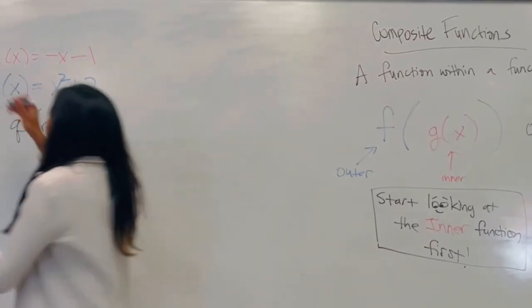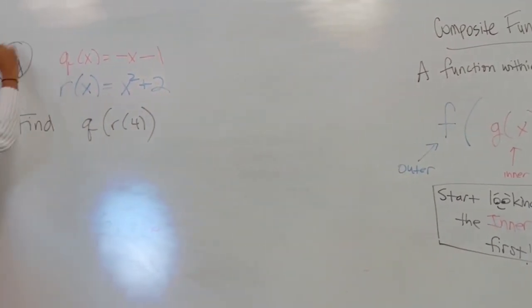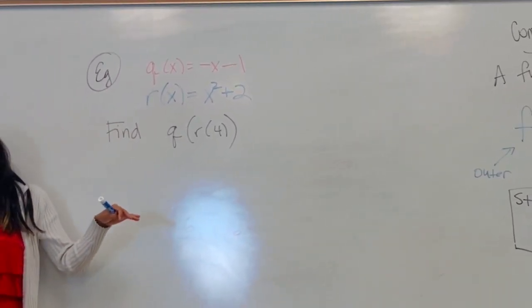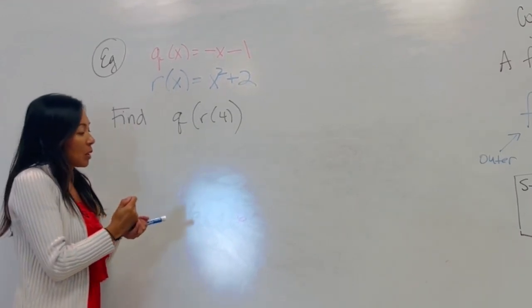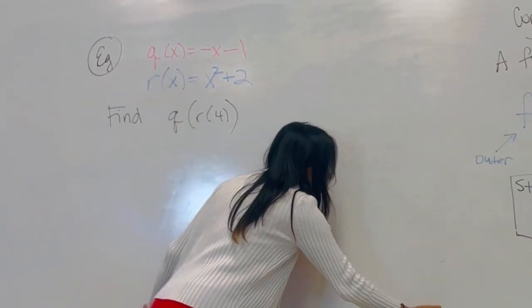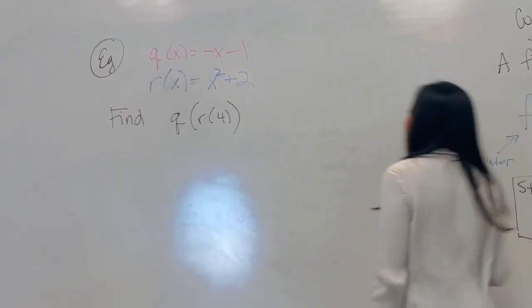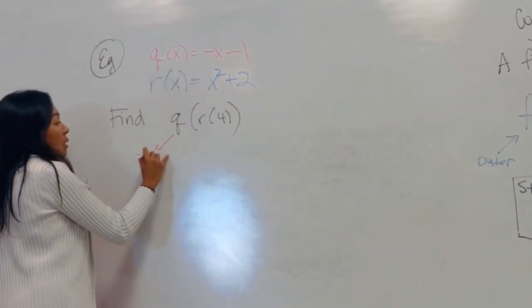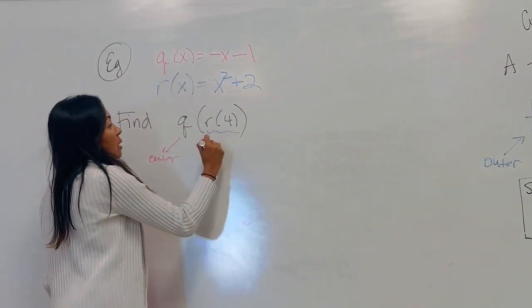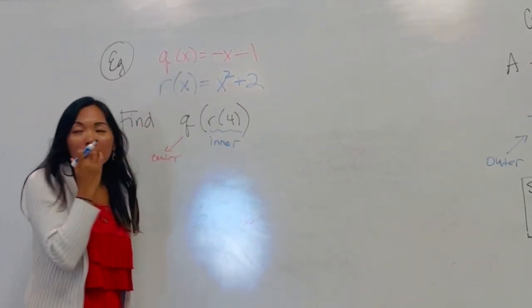So let's look at this example. What's the outer function? Q. Q is the outer function. And what is the inner function? R. So Q is outer, and R is the inner. Who do you look at first?